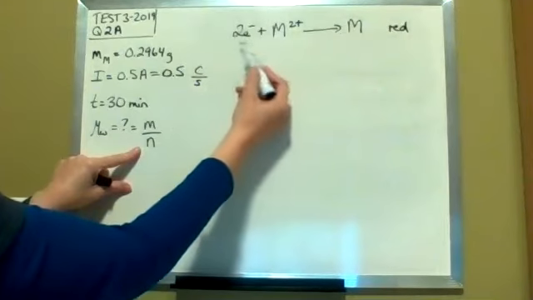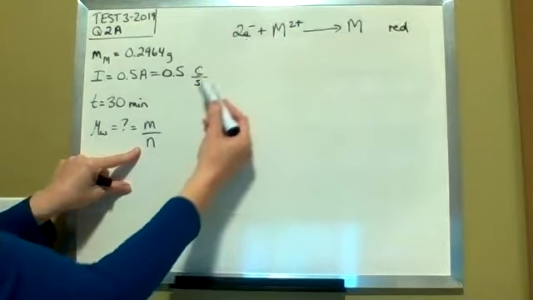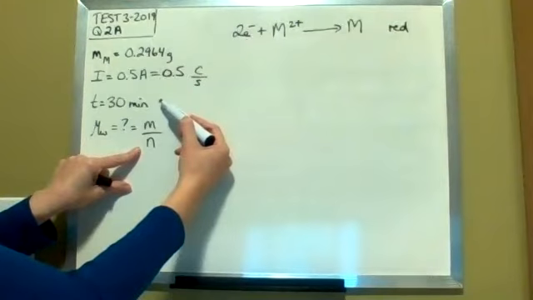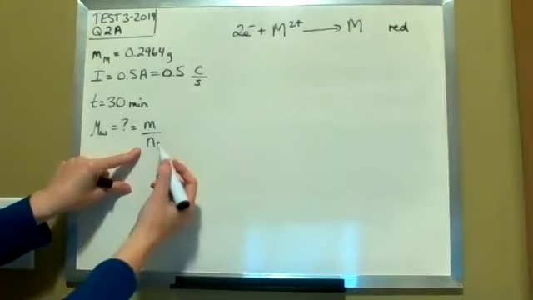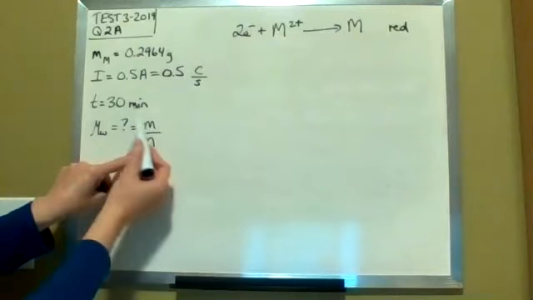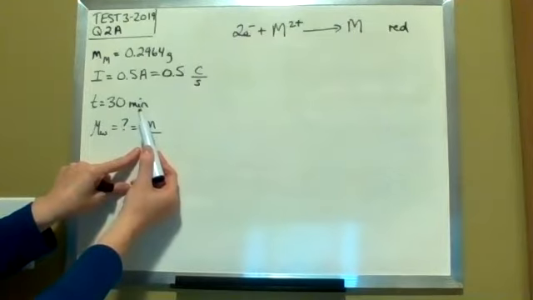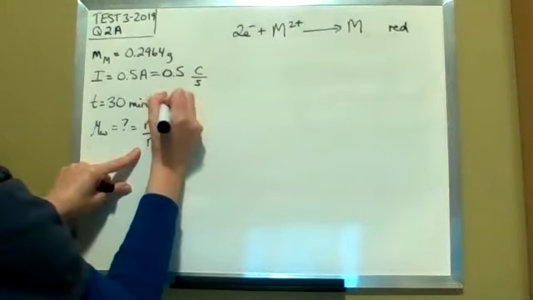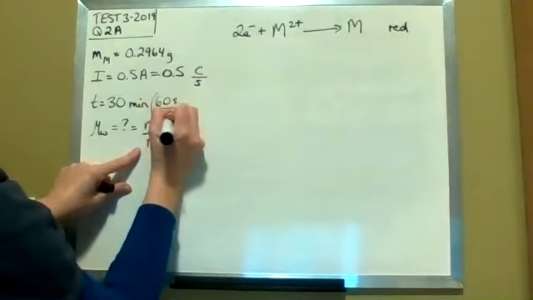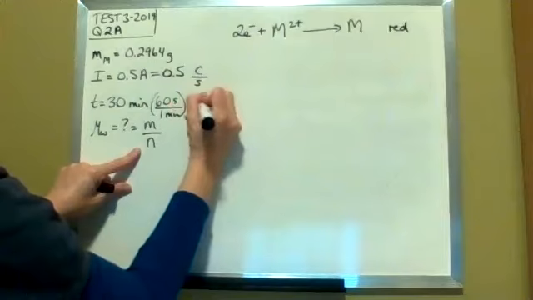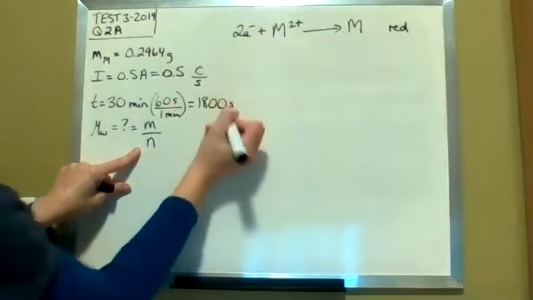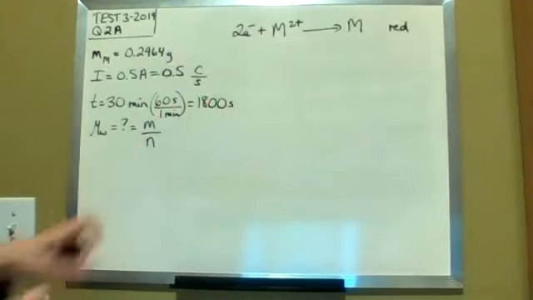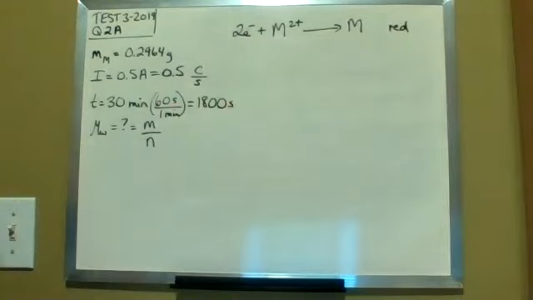I can find moles of electrons potentially from my current and time, so finding the charge. The other thing you want to look at is that our time is in minutes. We always want time to be in seconds when we're doing these types of questions. So make sure you do your conversion. So that's 1800 seconds. I think we're set up to start doing this question.